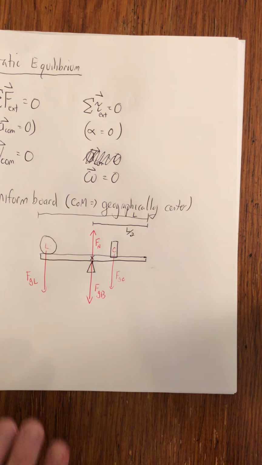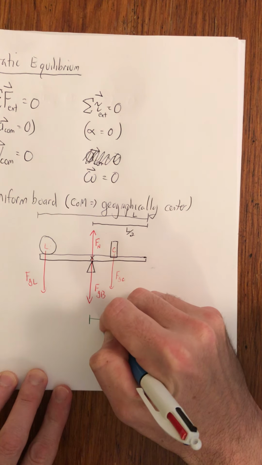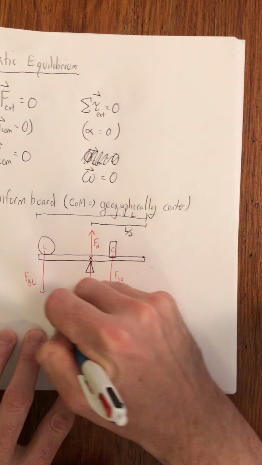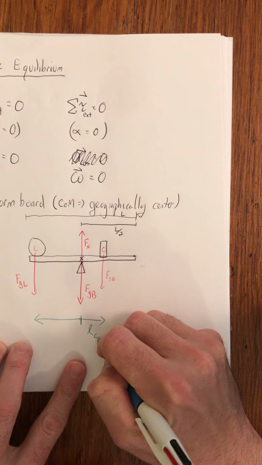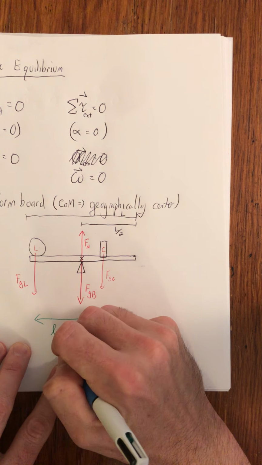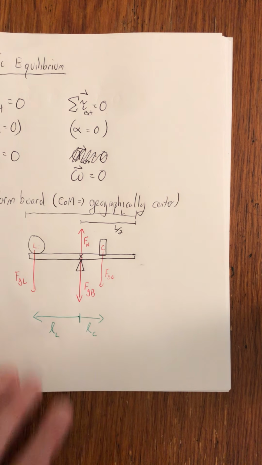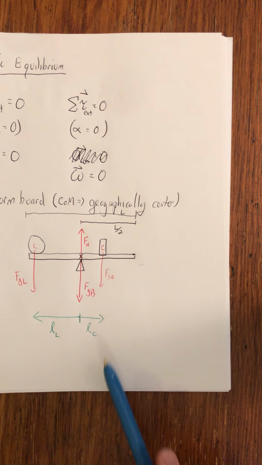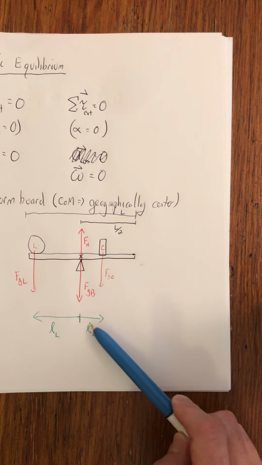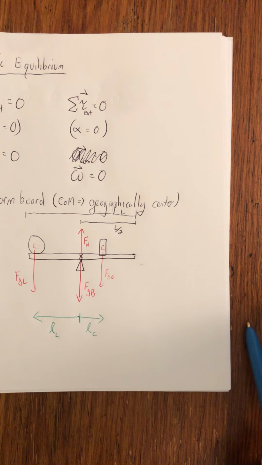Now, I'm going to draw in two other things here. I'm going to draw this and this. And so this would be lever arm distance for the canister, and this would be lever arm distance for the lime. Right, so you'll notice on my free body diagram now, I have all the forces acting, and then near the free body diagram, I have drawn in all of the relevant distances.